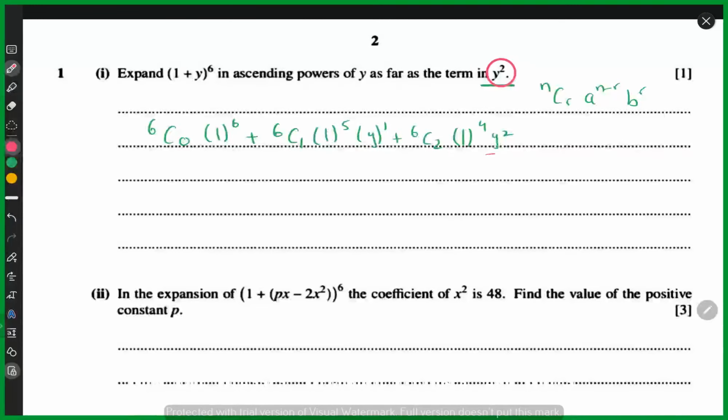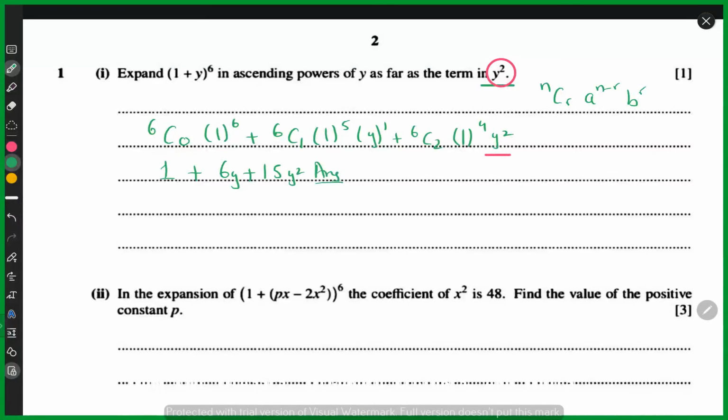Just use your calculators to find the values. 6C0, always remember, any xC0, yC0, tC0 is going to be 1. Then 6C1 gives you 6y, plus 6C2 gives you 15y squared. So this is going to be the answer.